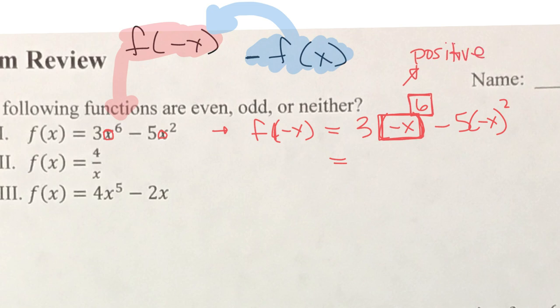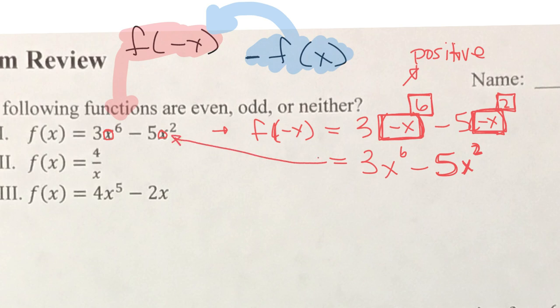So negative x raised to the sixth power is the same as normal x raised to the sixth power. Okay, likewise for our negative x raised to the second power, right? Two is an even number. So a negative x raised to the second power is the same as raising normal x to the second power. So now we compare.